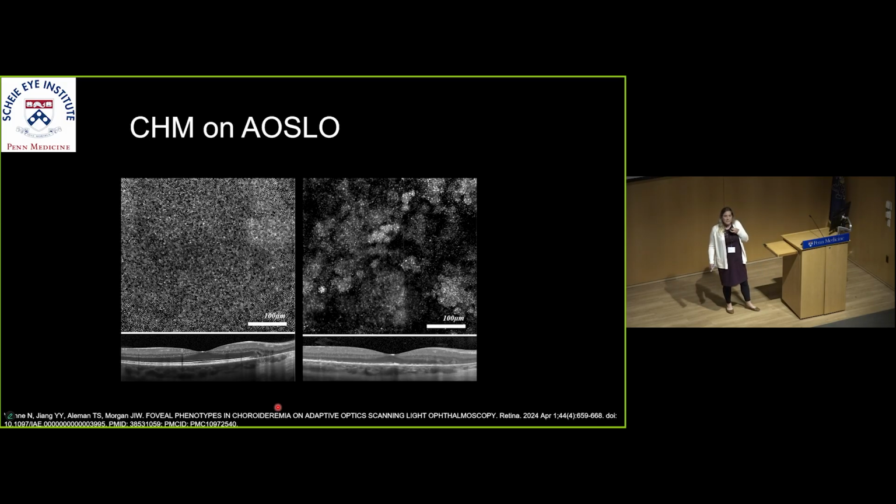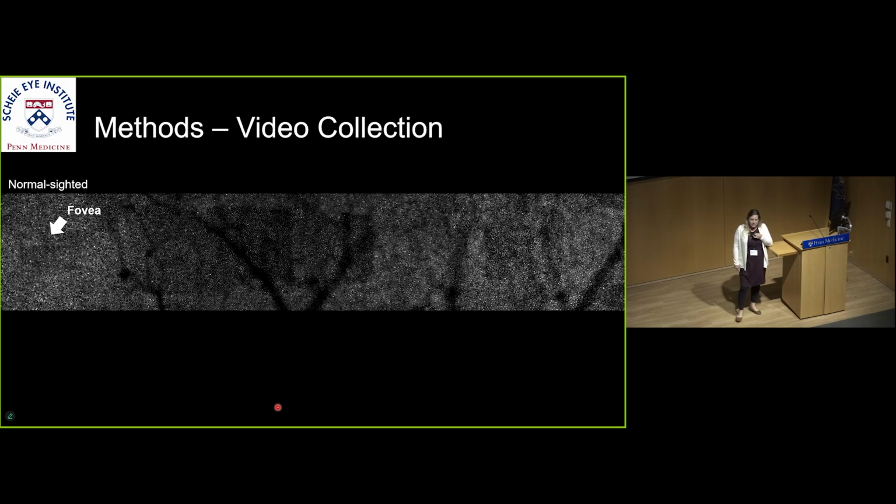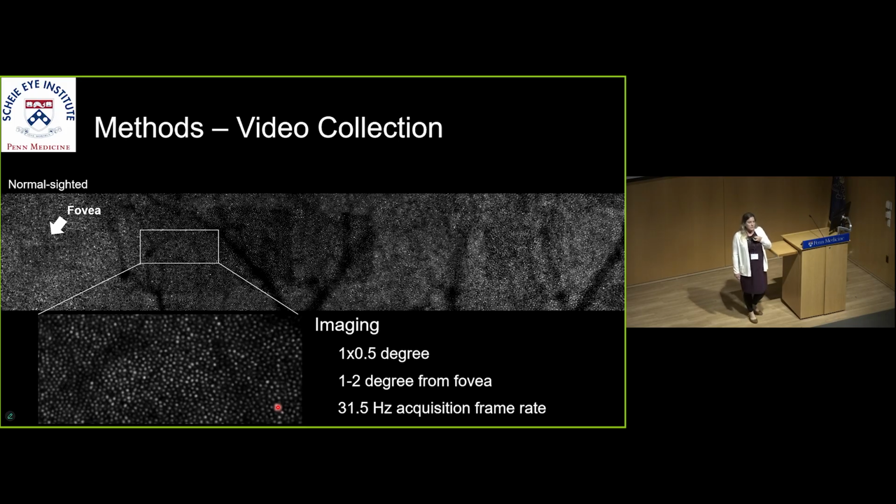So now we wanted to test whether our functional measures of optoretinography would also show up in these different phenotypes. We collected adaptive optics images surrounding the fovea and then out along the retinal meridians, and identified a region where we were going to look at the optoretinography signal.